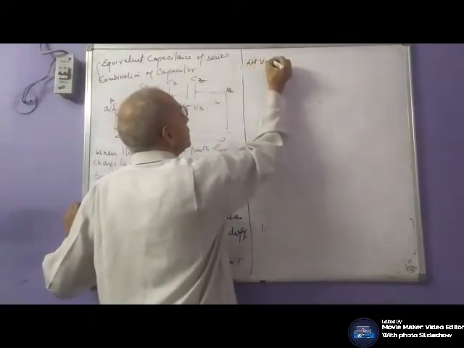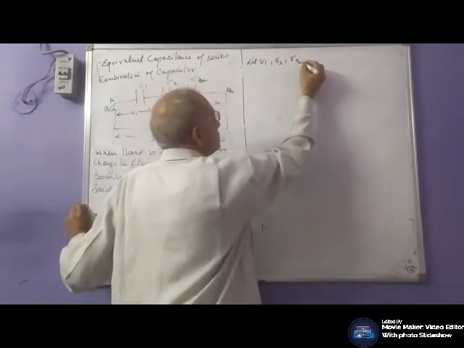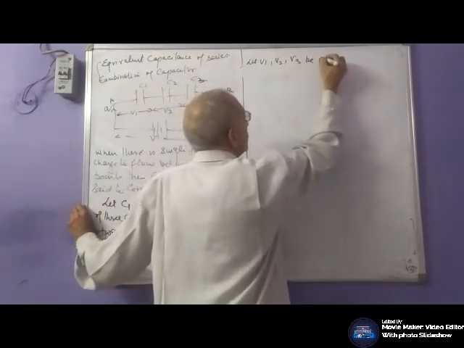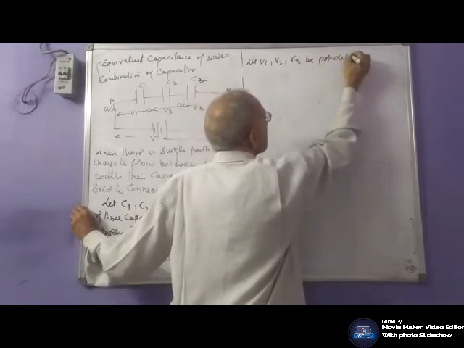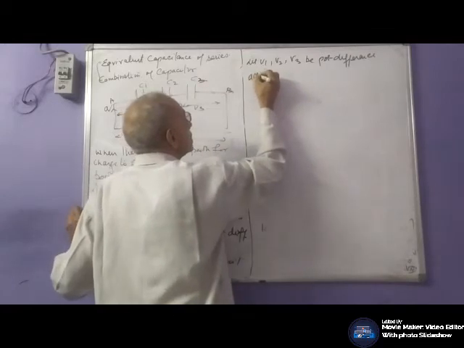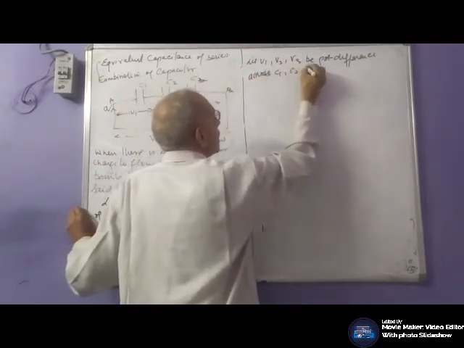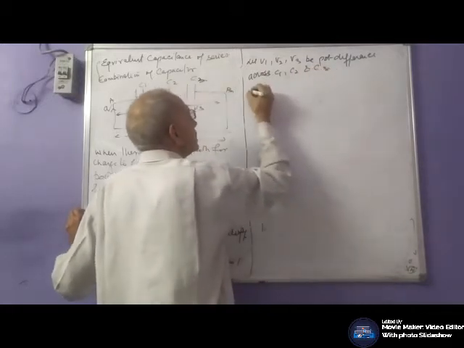Let V1, V2, V3 be the potential differences across C1, C2 and C3.